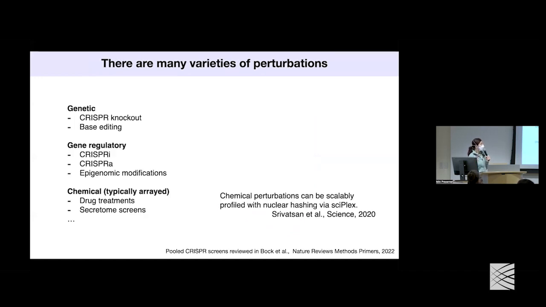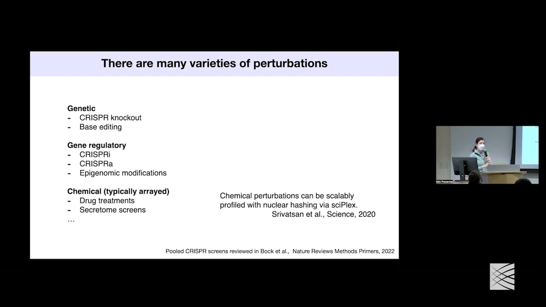And of course, there are many varieties of different perturbations. I've talked a lot about knocking out genes, but there is a variety of things summarized in the review I mentioned below. We can do base editing or more gene regulatory types of perturbations like CRISPR inactivation or CRISPR activation, doing different epigenomic modifications like DNA methylation.